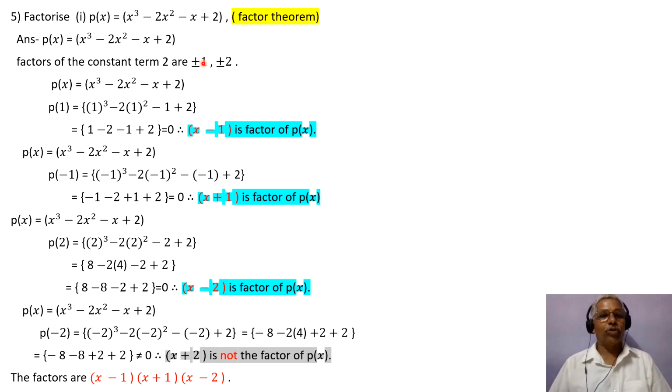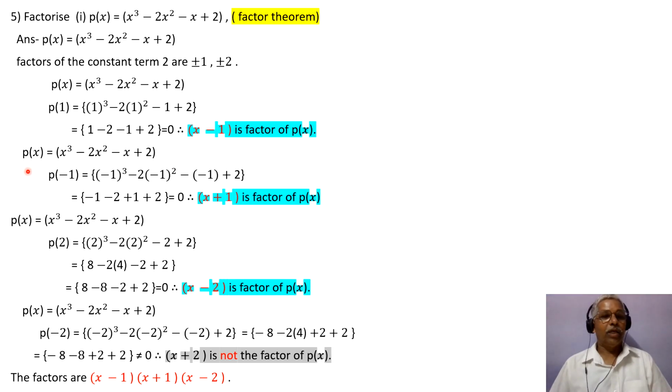So we substitute the values one by one: plus 1, minus 1, plus 2, minus 2. Now p(1), you know what this is? p(1) is 1 cube minus 2 into 1 square minus 1 plus 2. If you solve this, you get 0. So x minus 1 is a factor of p(x).